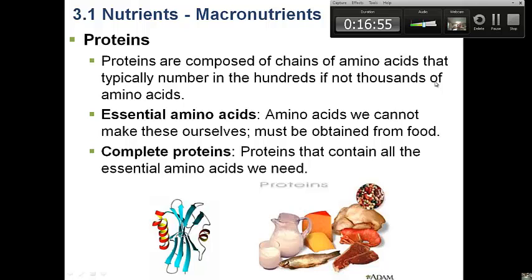Now, we talked about proteins last chapter, in chapter 2, and so you're familiar with the fact that proteins are composed of amino acids, and typically a protein will consist of at least hundreds and probably thousands of amino acids. Now, the interesting thing regarding proteins is this, that you need those amino acids that are found in proteins to make the proteins of your body.